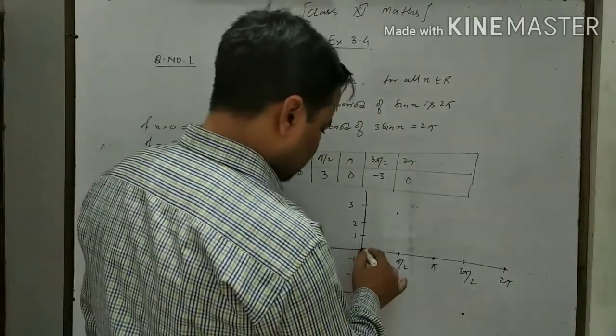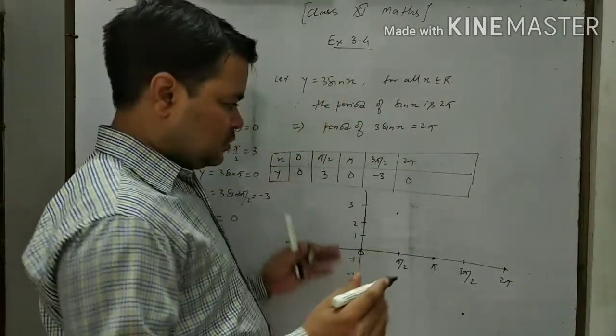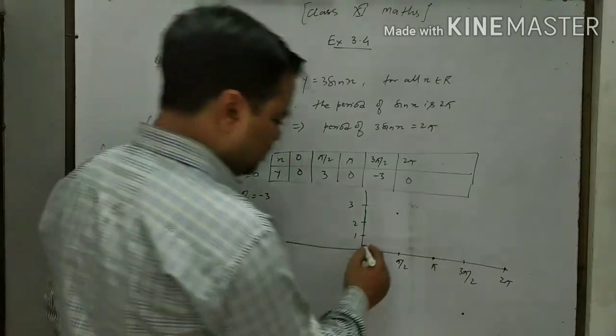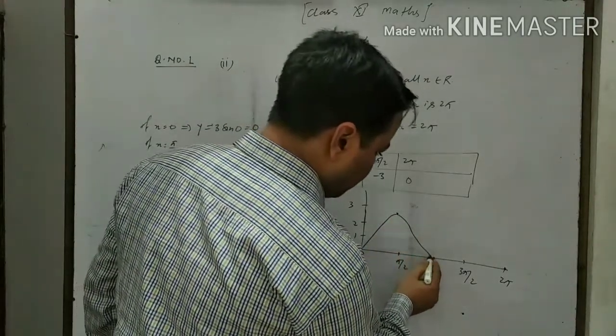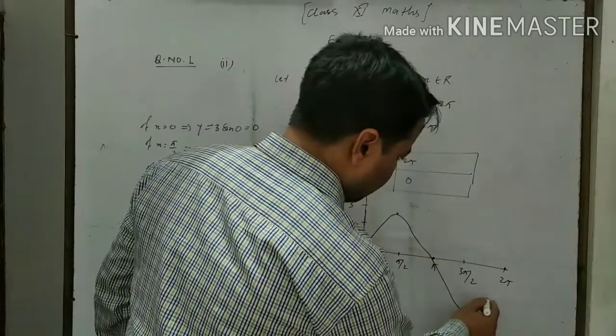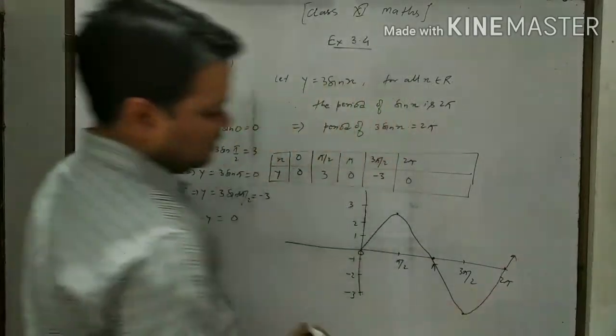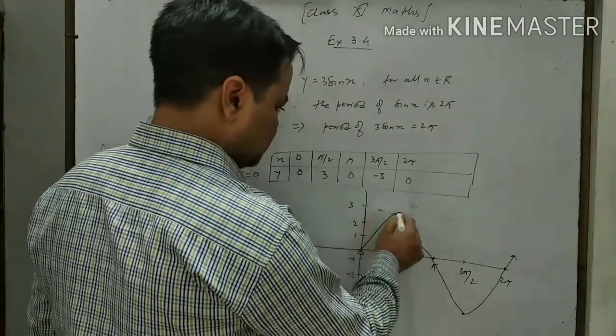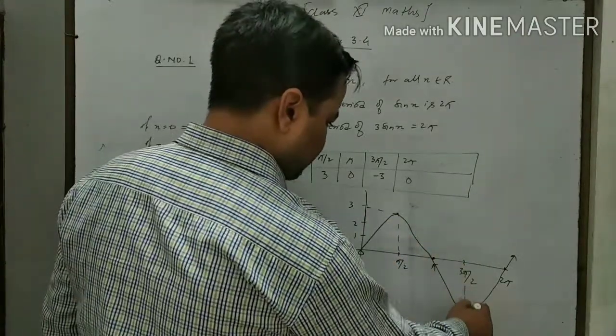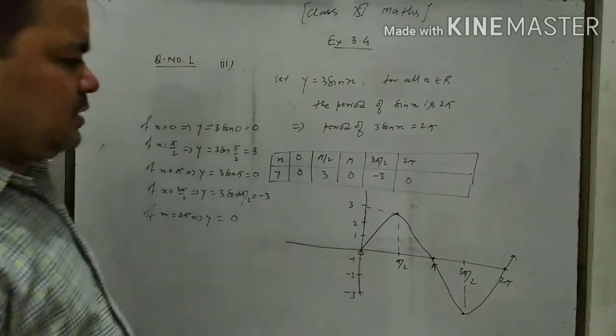If we just join the dots smoothly, it will be like this and like this. At this point it is plus 3, and here minus 3.